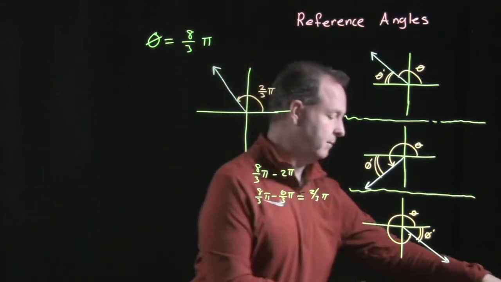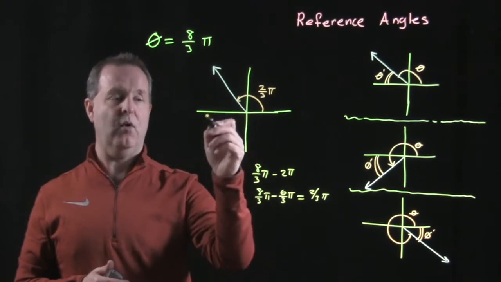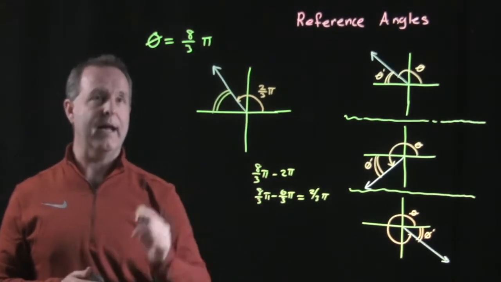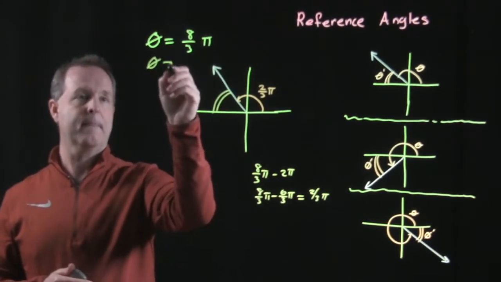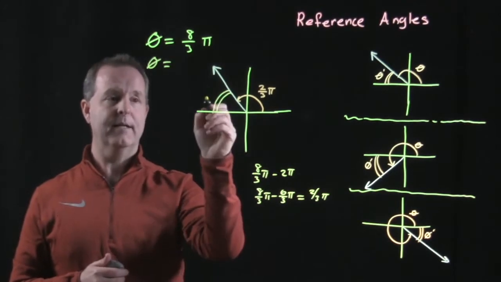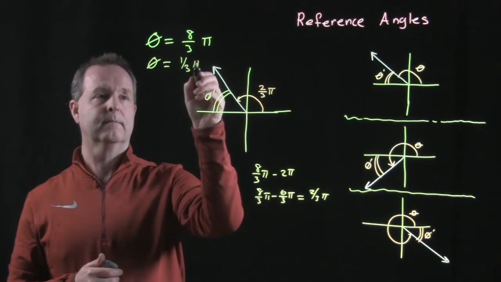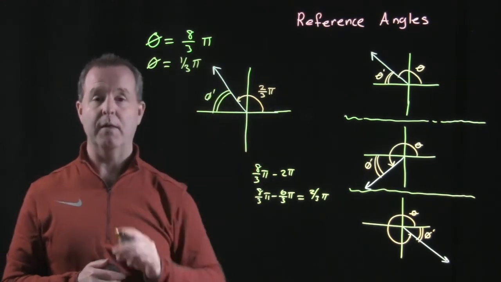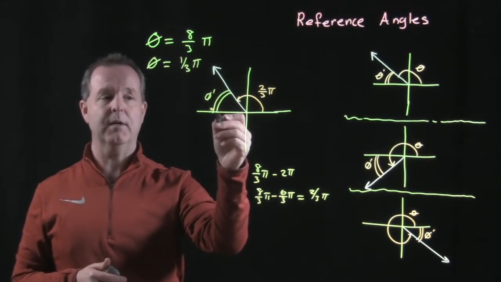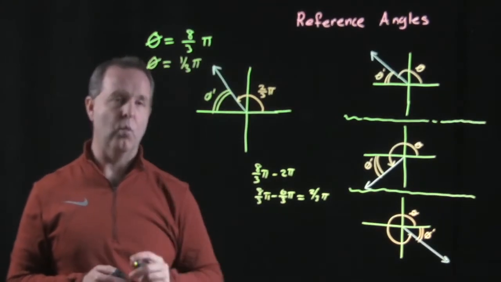So what I'm looking for, its reference angle, is the amount of sweep to continue to get to the x-axis. So that's my theta prime that I'm looking for. 2/3 to the angle. How many more to go to complete pi? It would be 1/3 pi. 2/3 pi plus 1/3 pi makes a full sweep, and that's what I'm looking for, the remainder to make this reference angle sweep all the way back down to the x-axis, 1/3 pi.